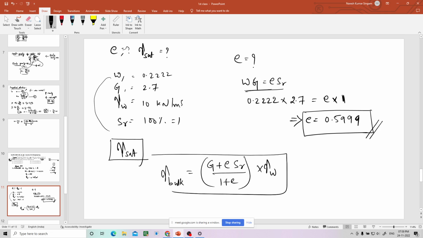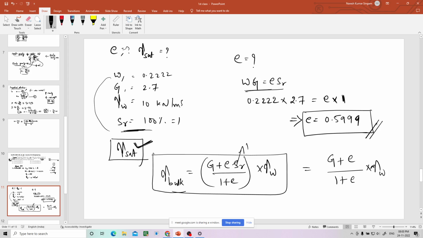This is gamma bulk, thinking that it is not fully saturated or dry, it has some water in it. Now we are asked to find out gamma sat. In the saturation condition, Sr equal to 1. If Sr equal to 1, you can put 1 here. Then the formula will become (G plus e) divided by (1 plus e), multiplied by gamma w.